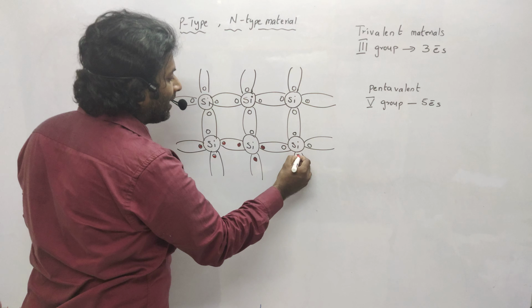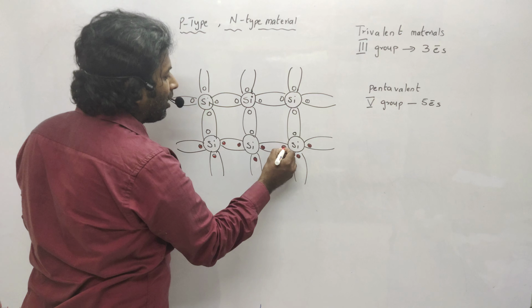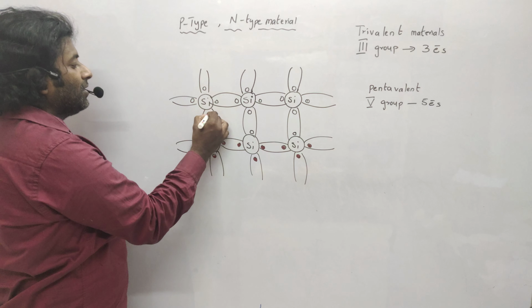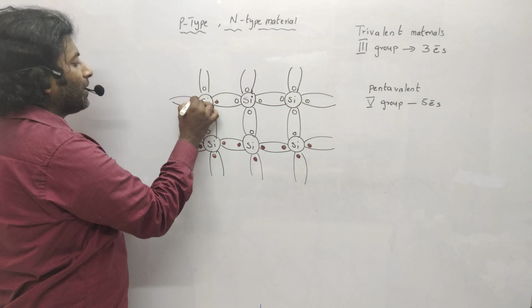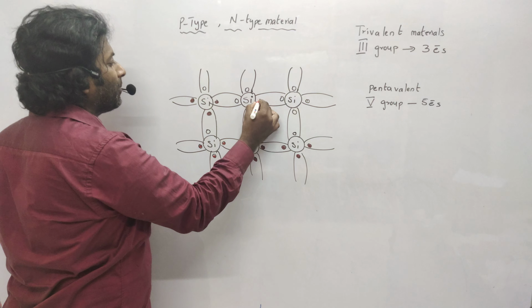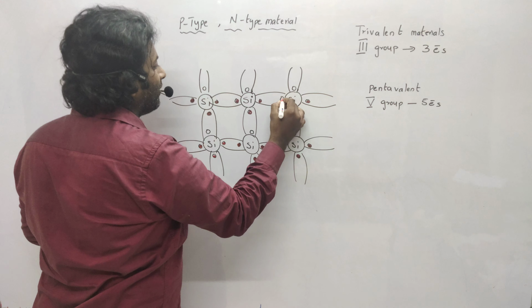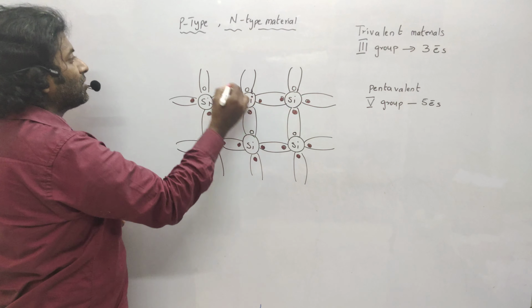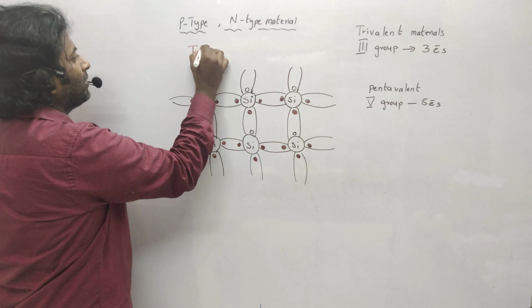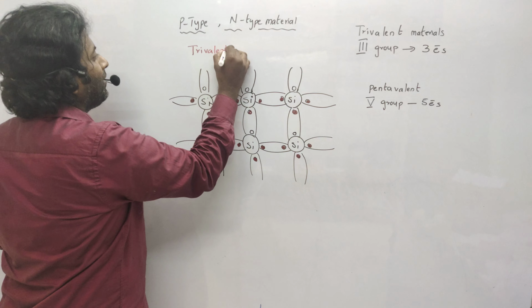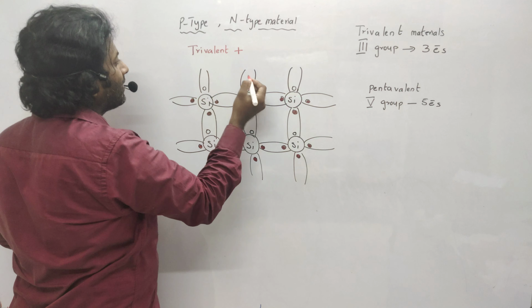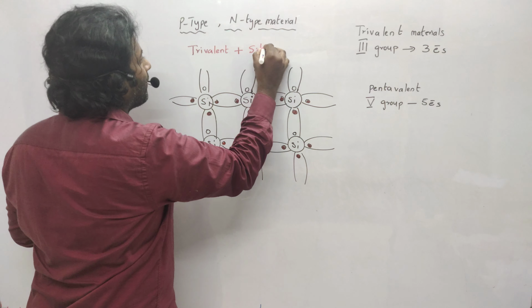Every atom, 3 electrons will occupy 3 holes. This structure I am showing here itself. This is the story of when trivalent plus silicon.